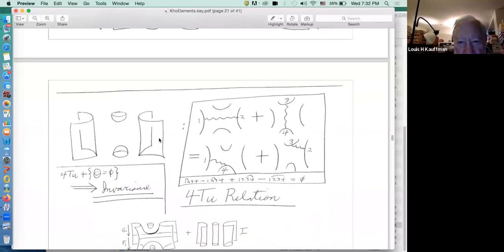So you have 4 bits of surface, and you put a tube between these two, or a tube between these two, and the sum of this and this minus this and that should be equal to 0. That's enough to make sure that everything will work.